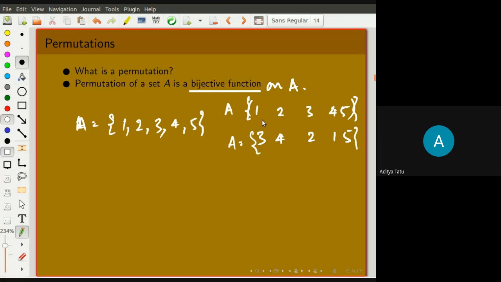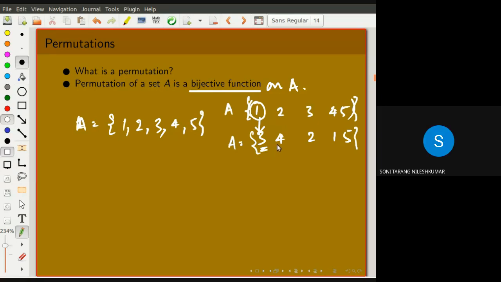Now what are you doing? The first element, that you are calling 1, is now replaced by the third element, right? But in a set, the order is not material. Order is not material, but order is something that you want to capture, isn't it? Yes, sir.